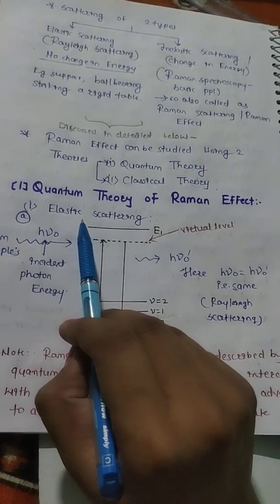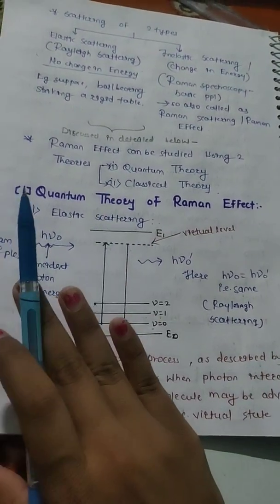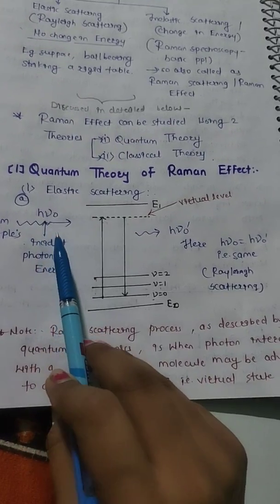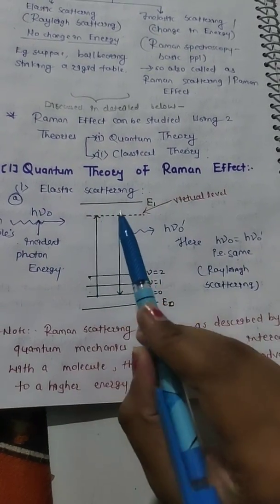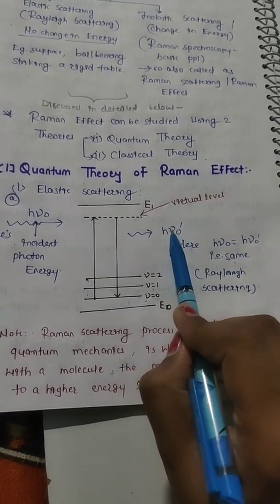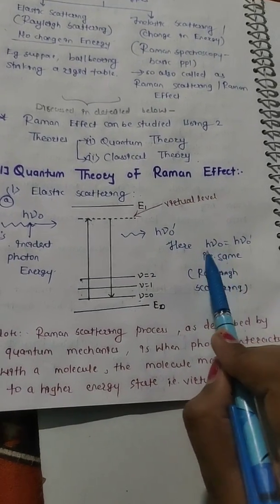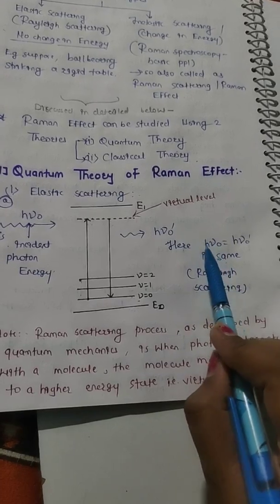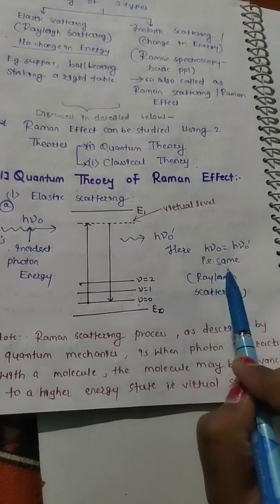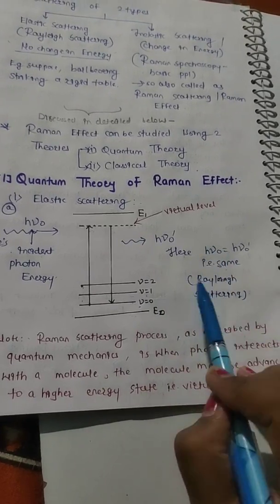In elastic scattering, when we pass a stream of particles, the incident photon h nu naught, through the molecule, we get the same radiation, that is h nu naught prime is equal to the original incident photon energy h nu naught. So we get the same energy.